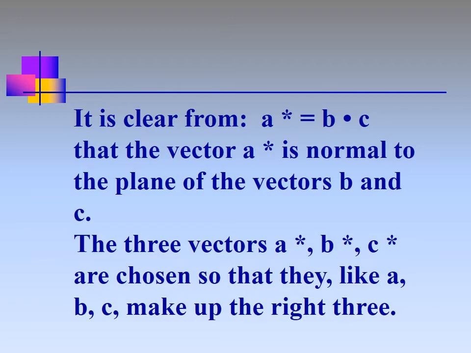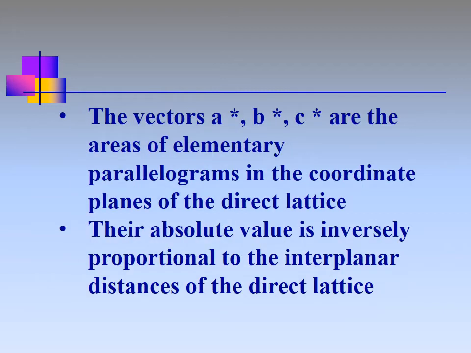The three vectors a star, b star, c star are chosen so that they, like a, b, c, make up a right-handed triple. The vectors a star, b star, c star are the areas of elementary parallelograms in the coordinate planes of the direct lattice. Their absolute value is inversely proportional to the interplanar distances of the direct lattice.